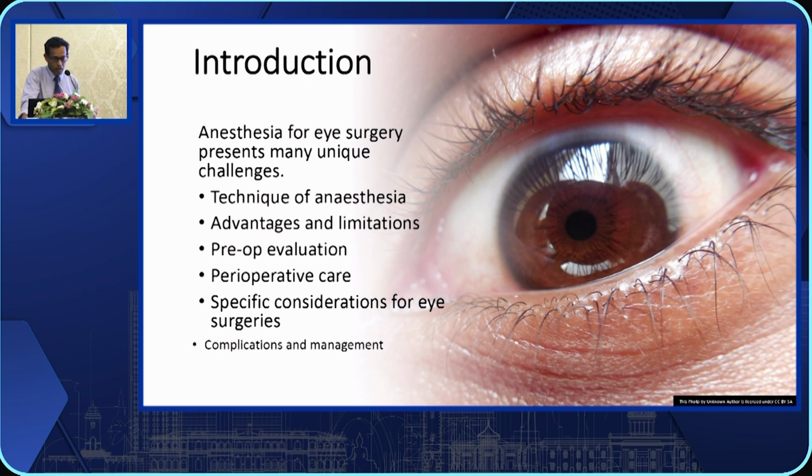There are advantages and disadvantages to all these techniques. In this talk, I will talk mainly about general anesthetic preparation, evaluation, and specific considerations for certain types of eye surgeries, and also some complications and their management.